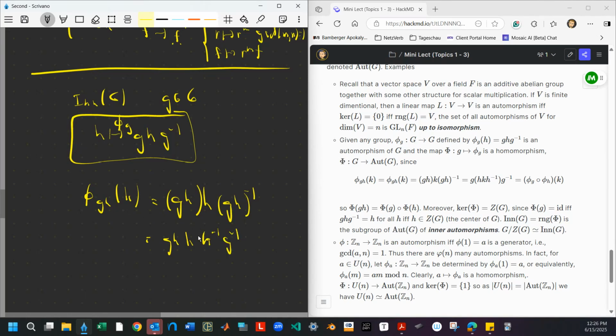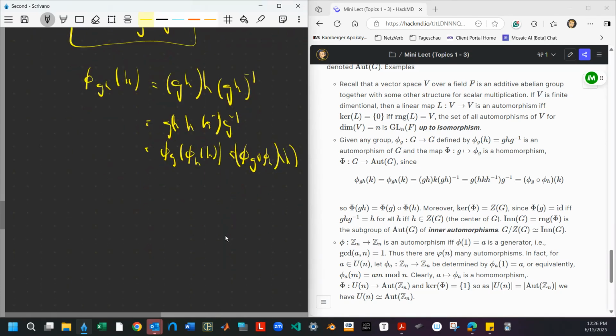And I've dropped all the parentheses because we have associativity, it doesn't matter. But now I'm going to add those back in like this. And what you see is this is actually phi of g, phi of h of k. So this is actually phi of g composed with phi of h, of k. And so what we actually see here is that the map, if I take phi_g, this is for every g in G.